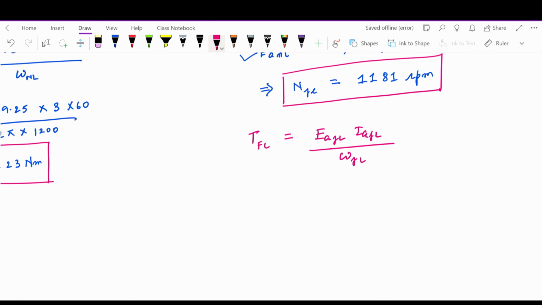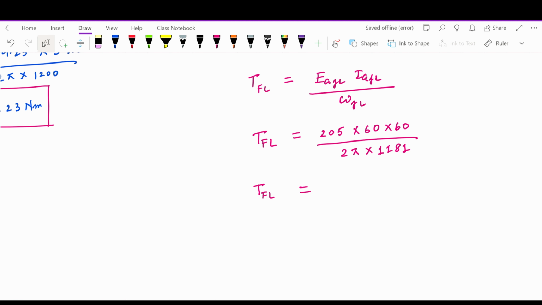So the TFL is equal to 205 into 60 upon 2 pi into 1181. So the TFL comes out to be 99.45 Newton meters. Now, are we done with the question? Not yet.